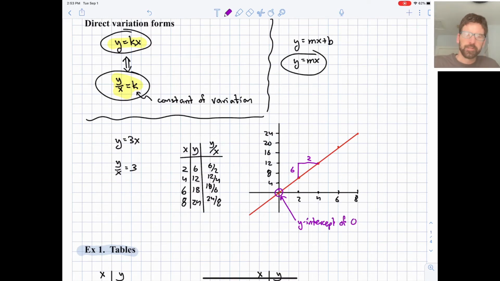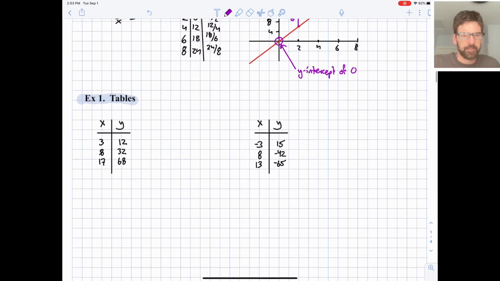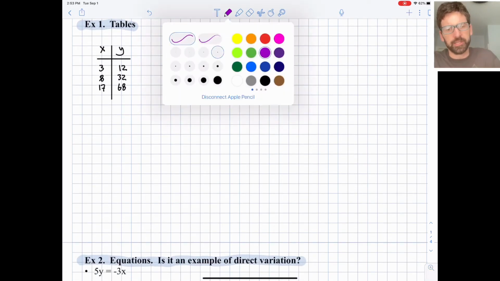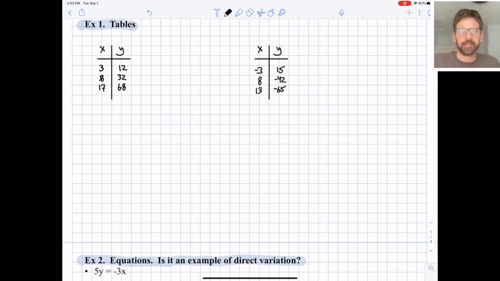All right, so we can practice this a little bit with some examples and really just be thinking about what the constant of variation might be. So we can add another column to our table. What's y over x? We don't want it to be x over y. We want it to be y over x. 12 over 3, 32 over 8, 68 over 17.